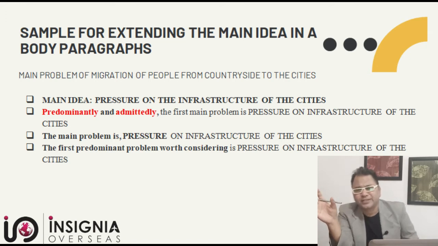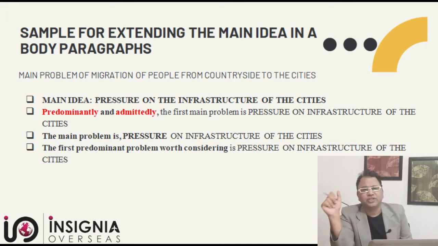There is no fixed language for it. It totally depends upon the task type, but you can start your body para with an appropriate starter like predominantly, admittedly. The first predominant problem, the first main solution, depending on the task.